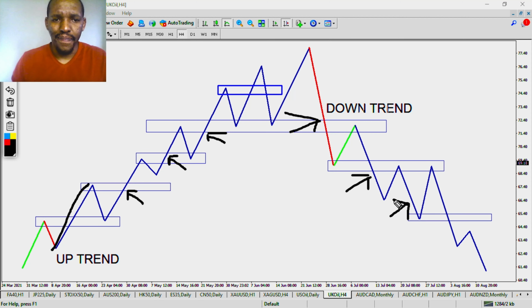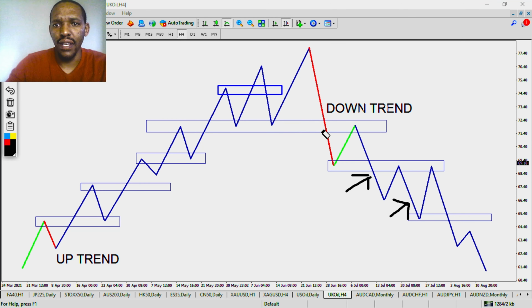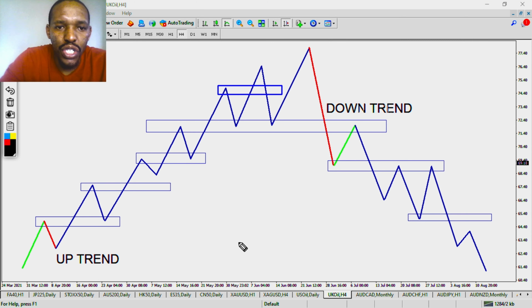From them, I want us to first touch on shallow pullback. A shallow pullback, guys, looks something like this. A shallow pullback is a correction or continuation pattern to the trend that it was going to.